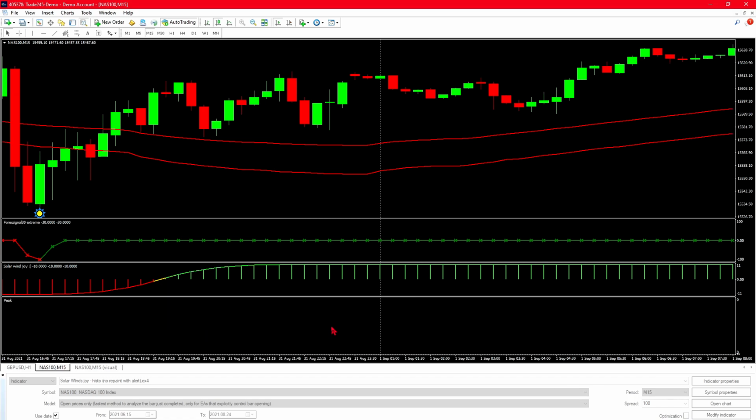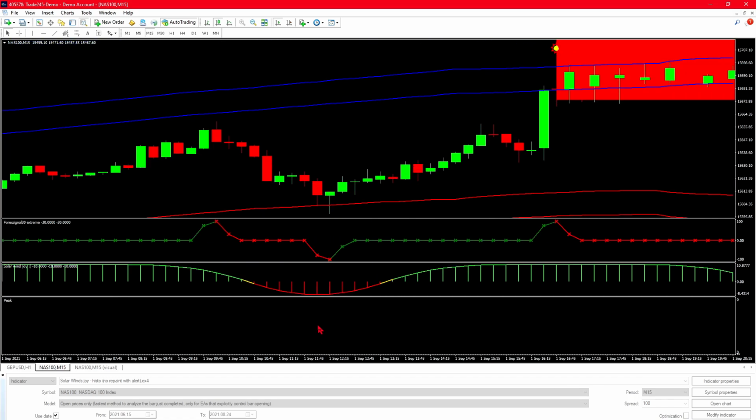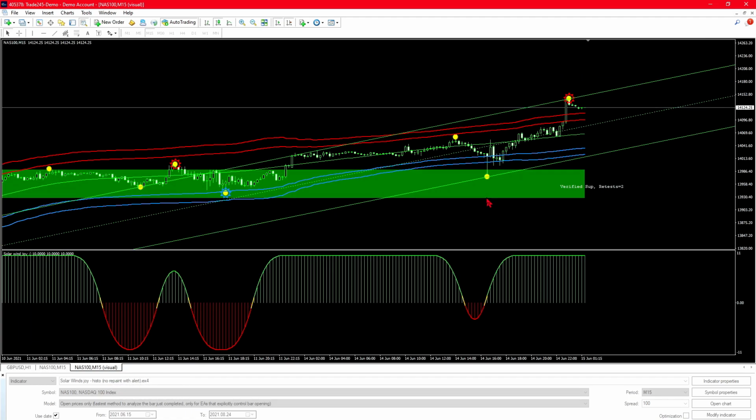The peak one, if you can remember, is from Red Billion, and the Forex Signal 30 Extreme is from FX Sniper 24. We found that both of these are not useful, so I have taken them away for the backtesting. What I have kept are these little suns, the support and resistance lines, the bands, and the channel.